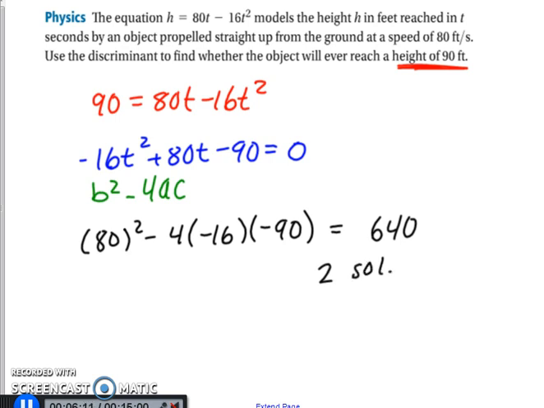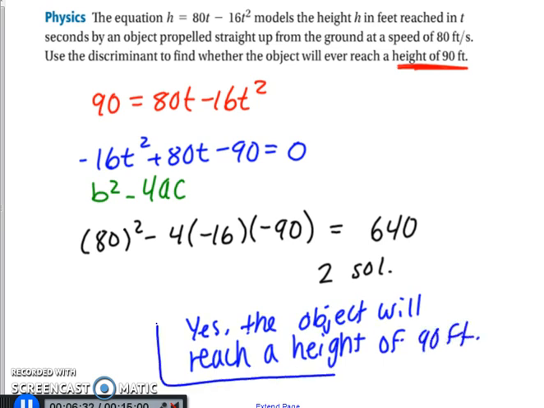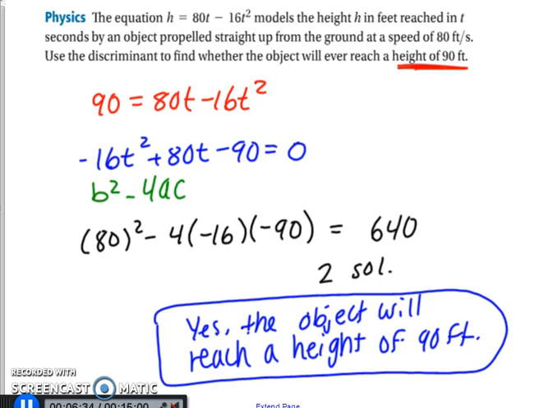Since we can get solutions, that means that yes, the object will reach a height of 90 feet. So basically, if our answer is 0 or any positive number, our answer will be yes.